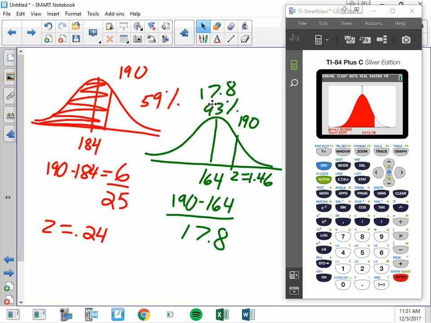Why did that number go up so much? So the regular average, the regular people are 59%, the sons. The weight of the sons below 190 is 37%.